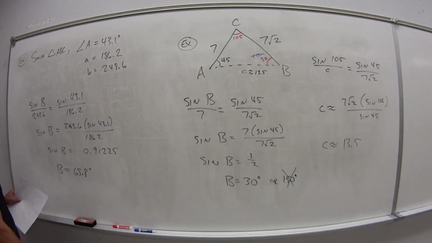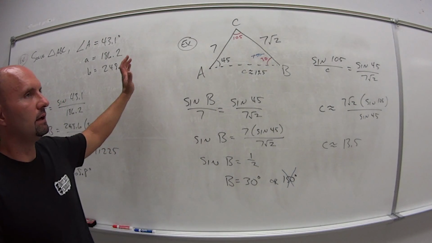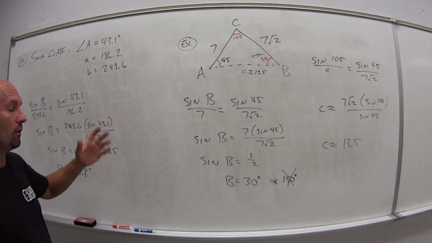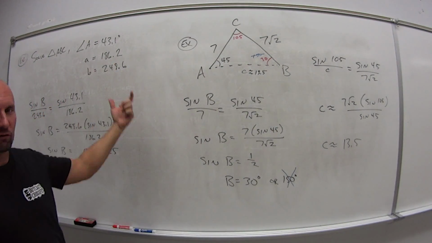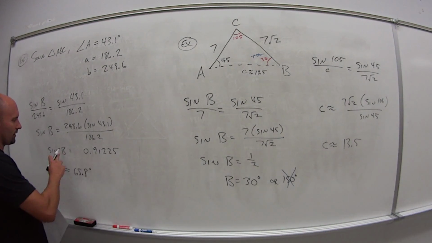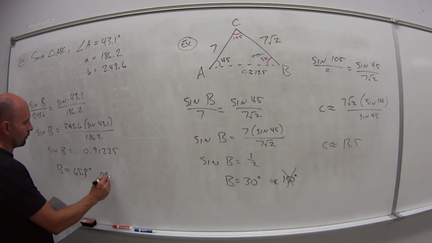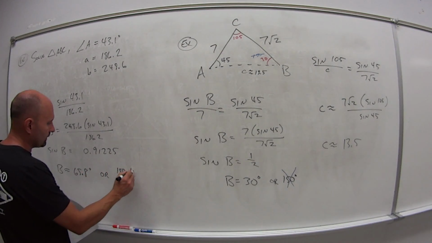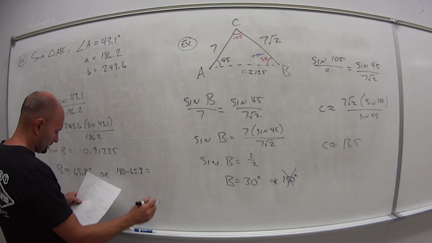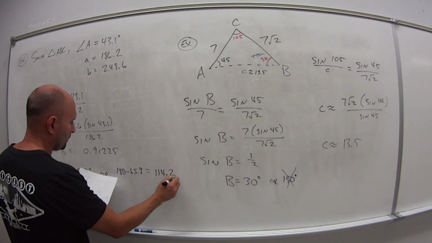So that means that B, if I use my sine inverse function, is approximately 65.8 degrees. But again, as we saw in 6.4, we have to subtract this value from 180 because there are two possible values. So it's 65.8 or 180 minus 65.8, which is 114.2.